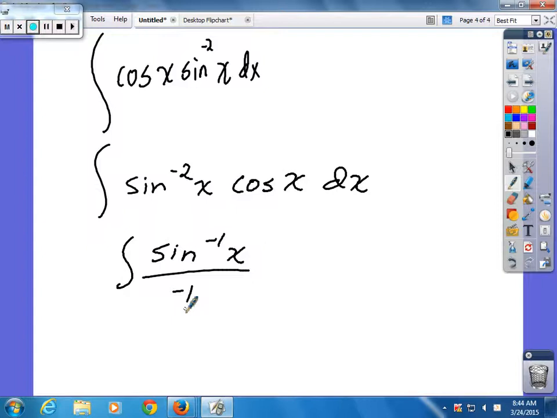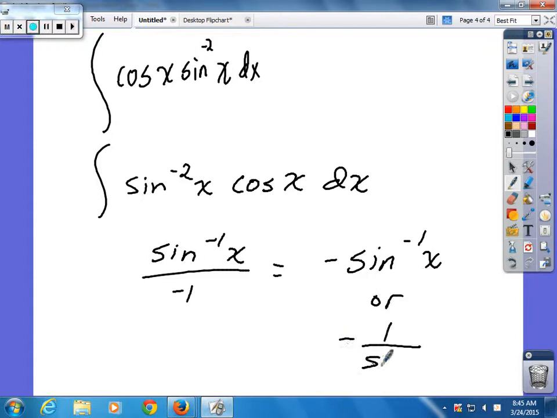Bring the negative out. So negative sine to the negative 1 of x, or negative 1 over the sine of x, plus c. And what's 1 over the sine of x? Cosecant. You could write it as negative cosecant.